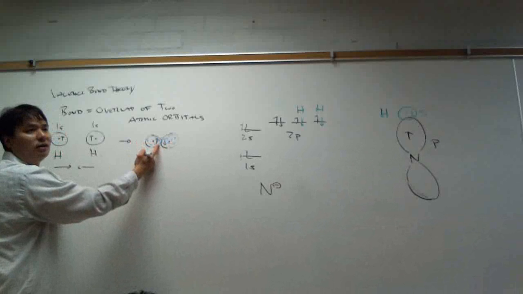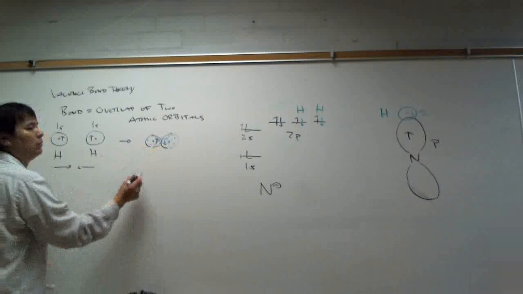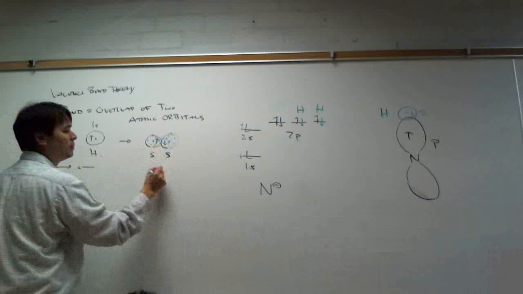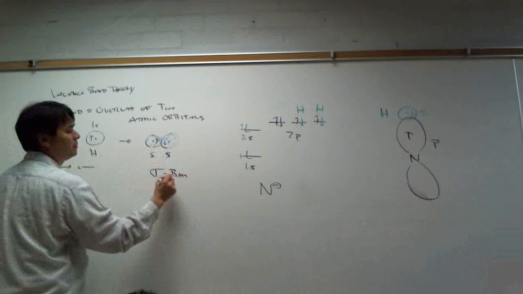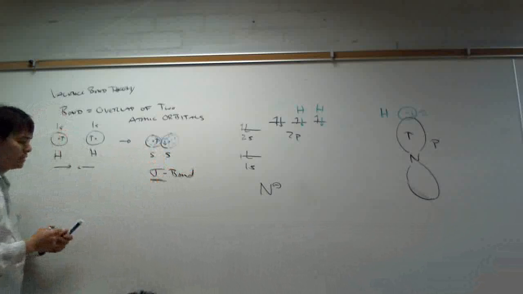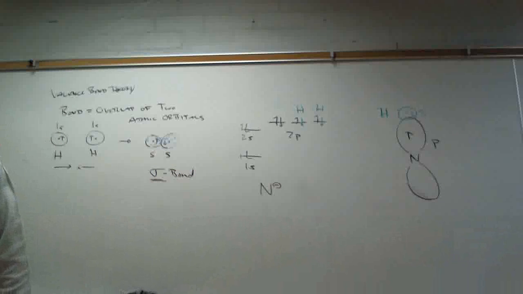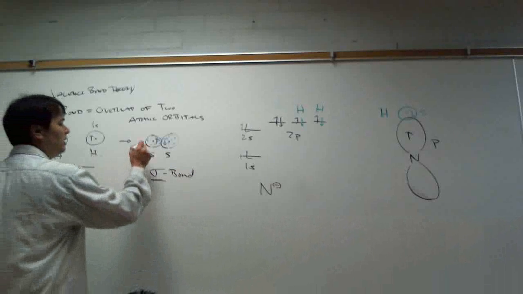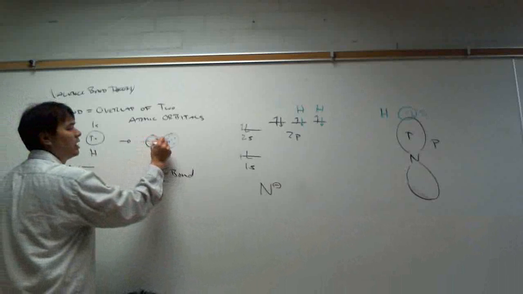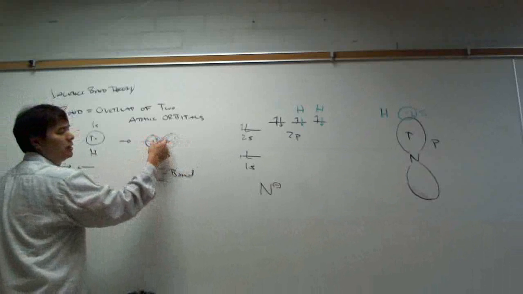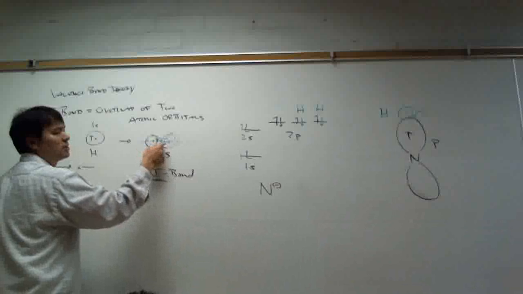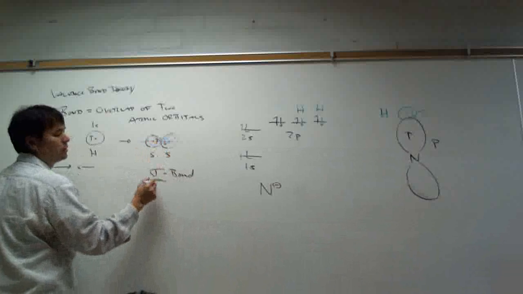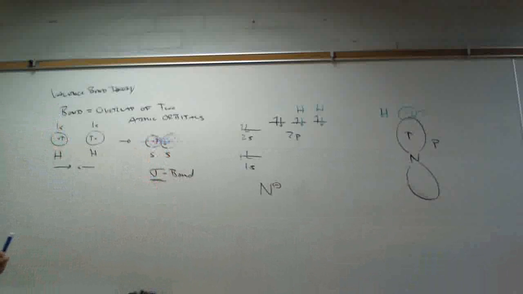We call this an ss sigma bond. Sigma means that if we draw a line along the internuclear axis, a line connecting the two nuclei, we'd see that the overlap occurs along that axis, the purple line here. That's what we call sigma.